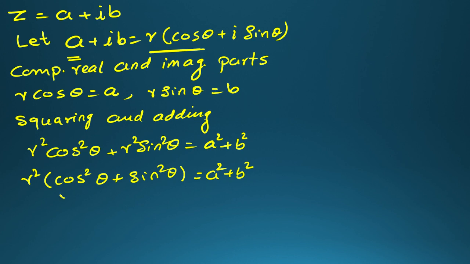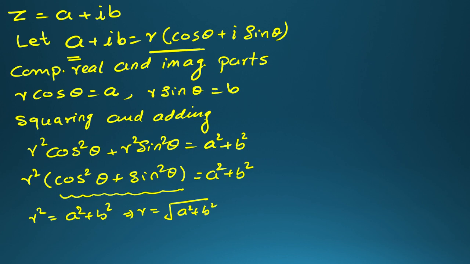And what is the value of cos square theta plus sin square theta? 1. So r square will be a square plus b square, which means r is equal to the square root of a square plus b square. And this is nothing but the modulus, because if you remember, the same is the formula for the modulus of a complex number.